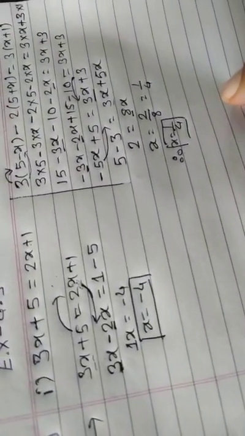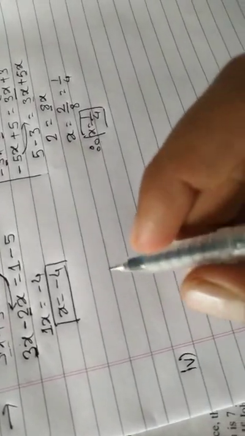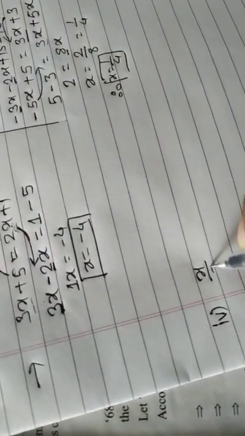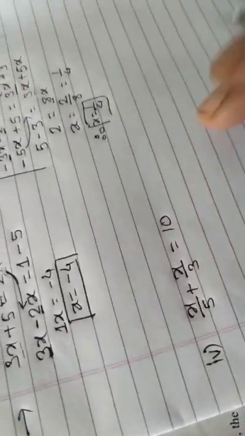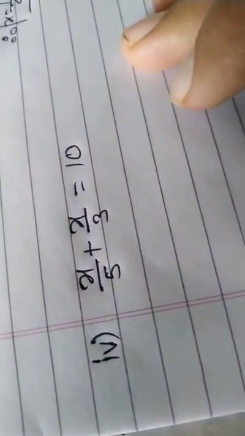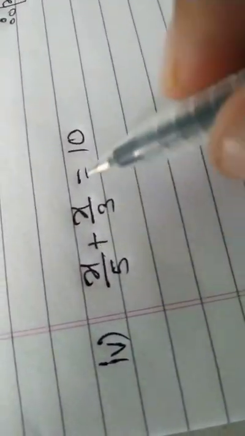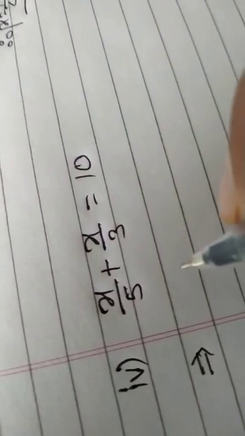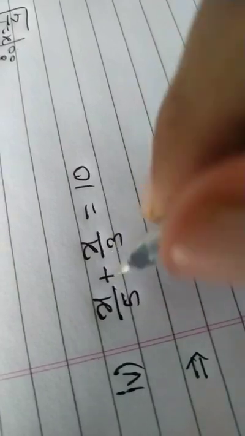I hope you understood these two examples. Now we solve example 4: x upon 5 plus x upon 3 is equal to 10. How are we going to solve this? By cross multiplication, or we just add these two fractions.